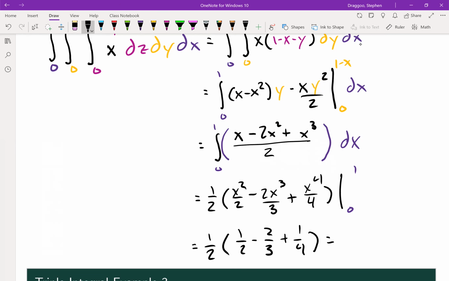What do we get if we multiply that all together? Half plus 1/4 is 3/4. 3/4 minus 2/3. Let's see. 3/4 is 9 over 12, 2/3 would be 8 over 12. Subtract those two and we get just 1 over 12, times 1/2 is 1 over 24. Cool beans.